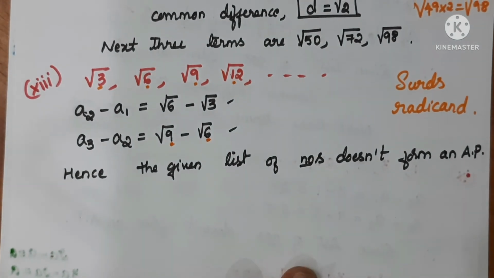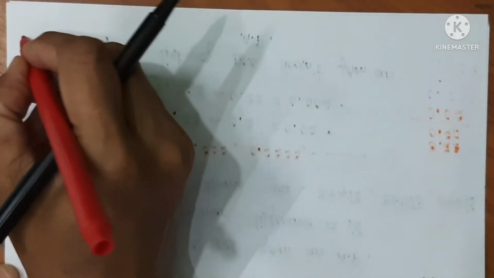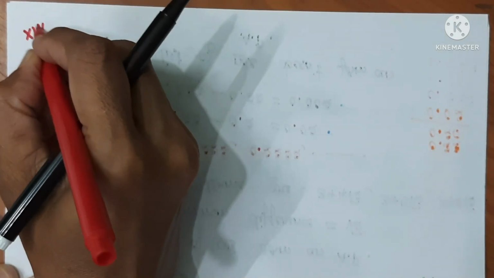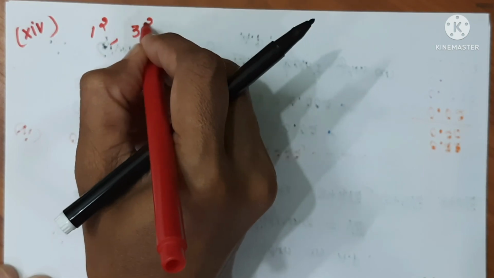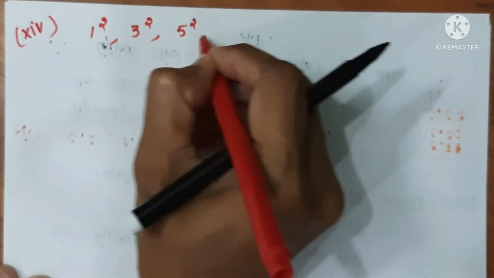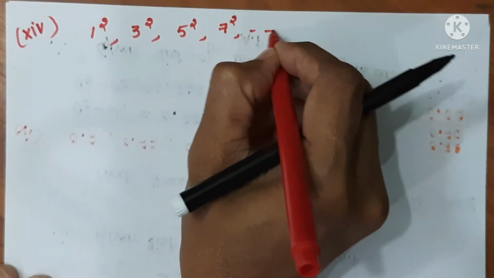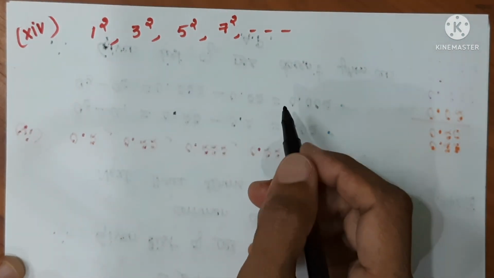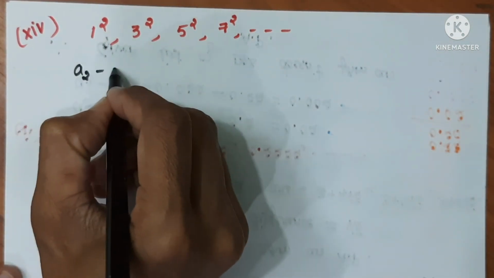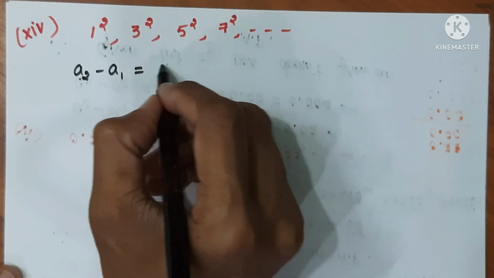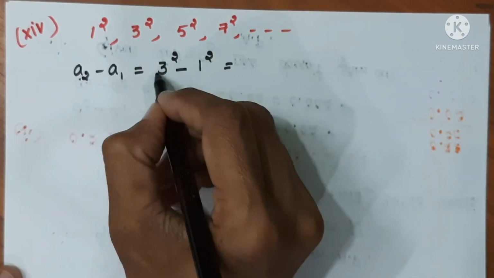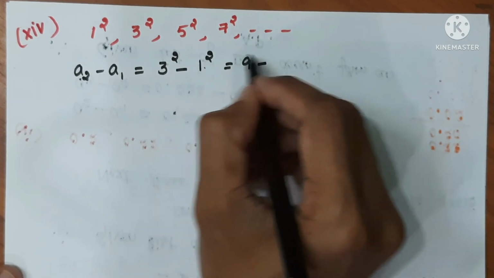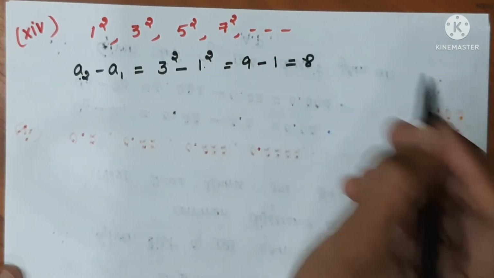Now let us see the next one, the 14th one. 1 square, 3 square, 5 square, 7 square and so on. First let us find the difference. A2 minus A1 equals 3 square minus 1 square. 3 square is 9 minus 1 square is 1, we get 8.